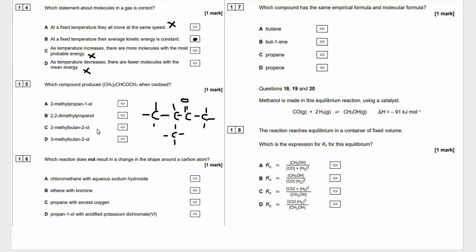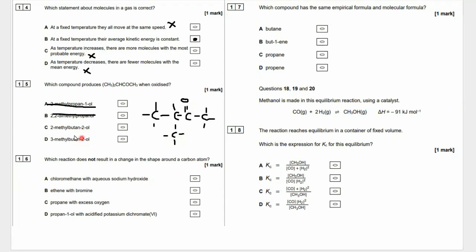But essentially, the main chain has 4 carbons in it. So we're looking at bute. So let's get rid of anything that's not bute. Oxidized is going to become an alcohol. So it's either going to be 2-methyl-butan-2-ol or 3-methyl-butan-2-ol.